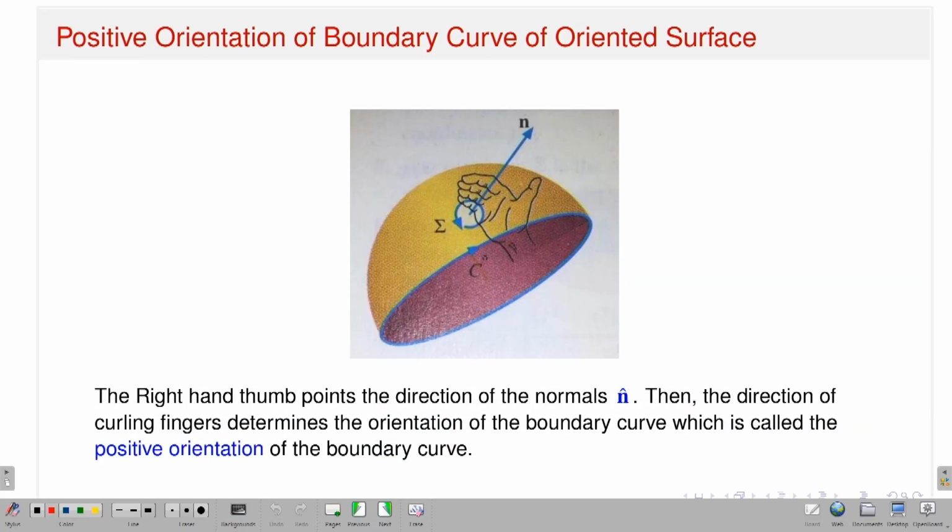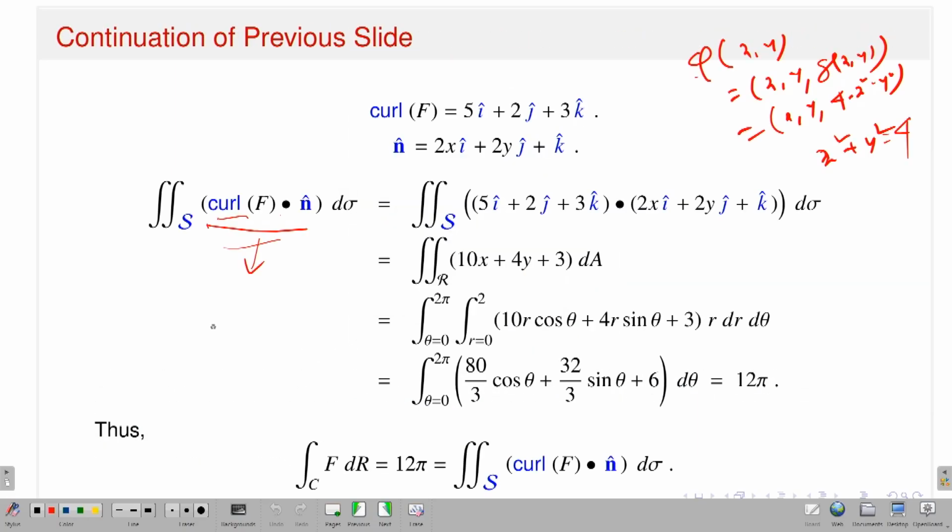So if I want to perform this surface integral, say I have a surface S and a vector field F, then you have the integral of F dot n cap d sigma.